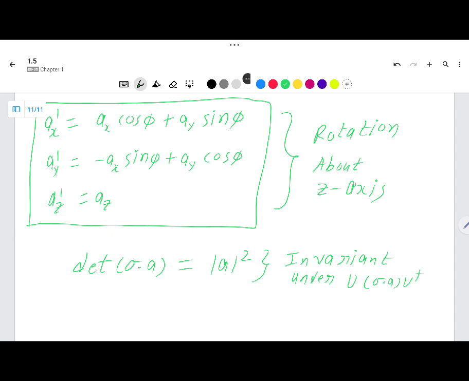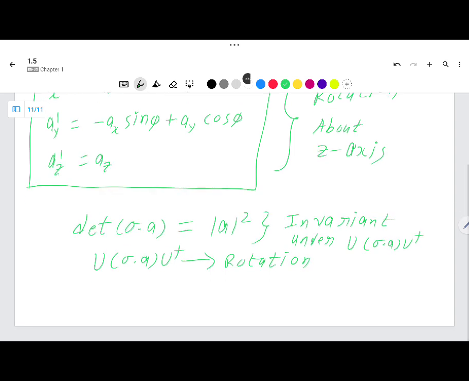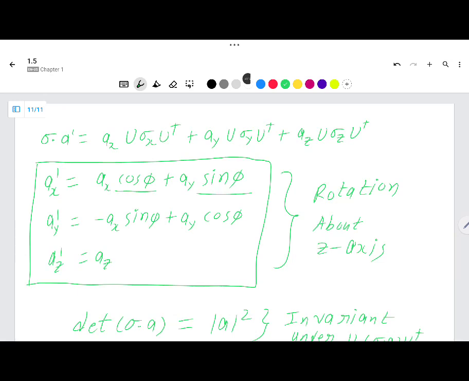So what operation we are doing is rotation, and the rotation matrix one can check is given by this. Depends on counterclockwise and clockwise, but this is a rotation matrix, and we are getting something like this here. You can check. Okay, this is the interpretation.